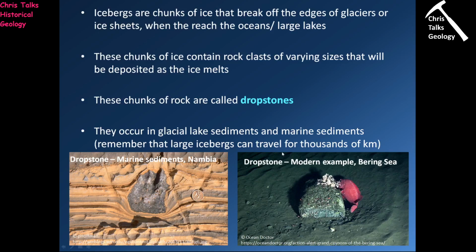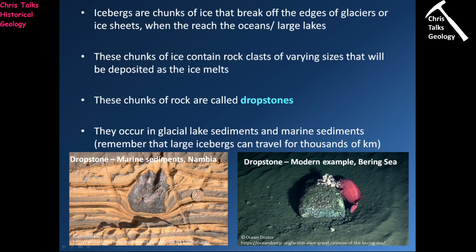So here we have a picture of the abyssal plain of the Bering Sea between Alaska and Russia. Now this is an environment that's very, very low energy, and so we should normally expect to get pretty much nothing but very, very fine clays being deposited. However, you'll notice that on here we have these gravel size clasts here, and here we have a clast that's clearly a cobble, which doesn't really make sense.